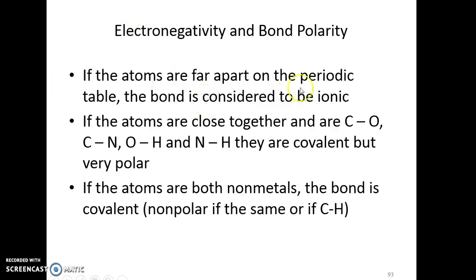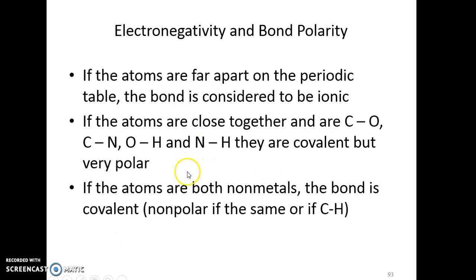So if the atoms are very far apart on the periodic table, for instance, metals with nonmetals, we consider it to be ionic. But if the atoms are close together and they are carbon-oxygen, carbon-nitrogen, oxygen-hydrogen, or nitrogen-hydrogen, they are covalent, but they're considered to be very polar.